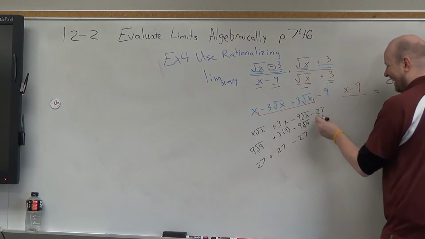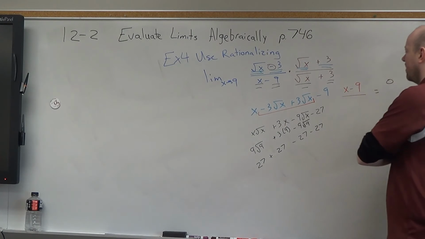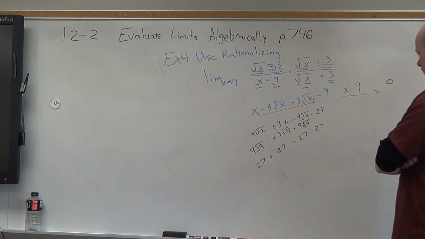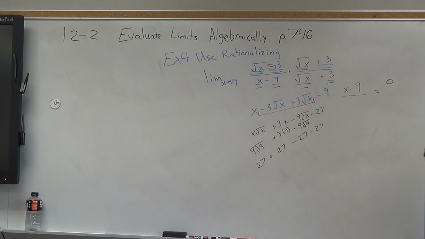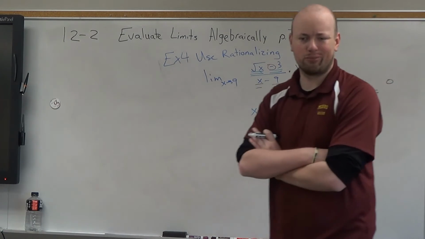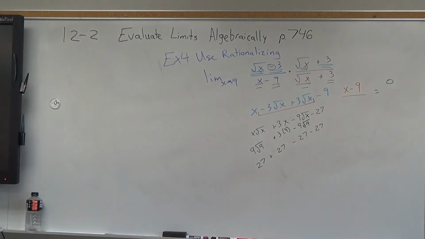Oh, shoot. Then minus 27. What the heck? 27 plus 27 minus 27 minus 27. Did I write that wrong? That would be no bueno. Just a second. Sorry, looks like I made a mistake here.